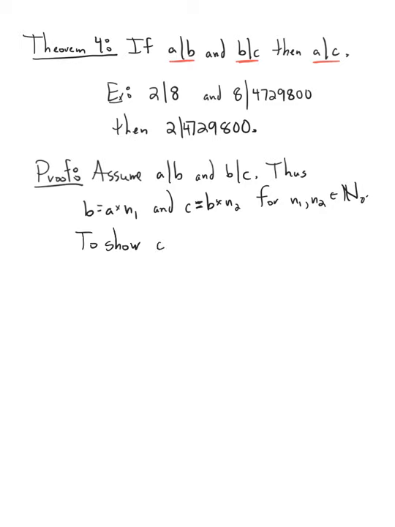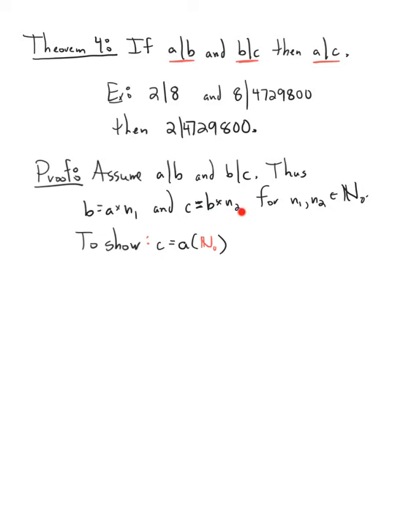So we need to show that we can write C as A times something, and that something better be a whole number. So that's what's going on here. If we can show this, this means that A is a factor of C. We can write C as A times some number. Okay, now we have to be a little bit clever. We know what we're looking for. We just have to see how to get it. Well, here I have C equals something, so maybe using this equation would be a good start.